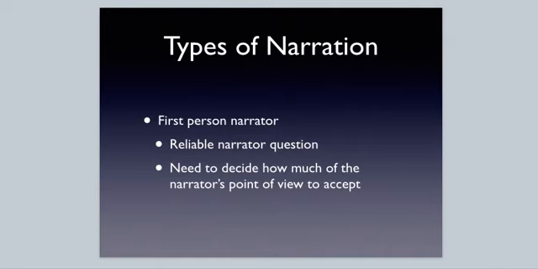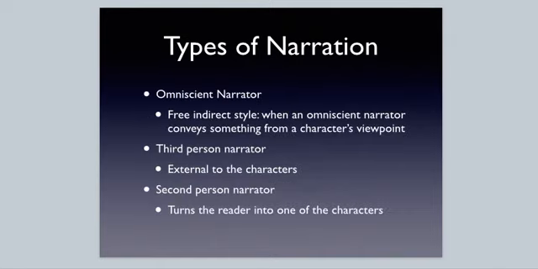Moving on with types of narration, along with first person narrator, we also have the omniscient narrator. Many stories are told in this point of view where the narrator seems to have access to all kinds of details, but it's told from an external viewpoint. You're never really inside one person's mind, for example.